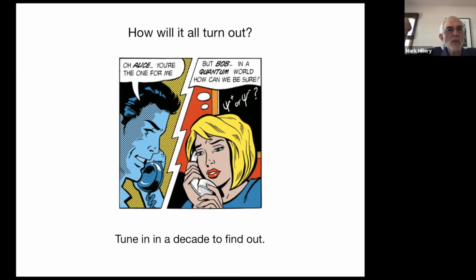Bob can do some measurements on his particles, because he has half of each entangled state. He communicates his results to Alice and Charlie. And by the time they're done, Alice and Charlie have an entangled state.